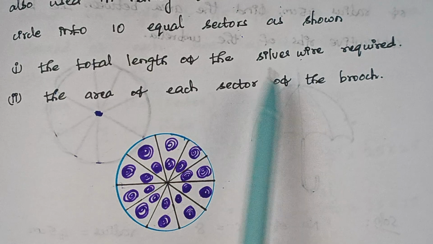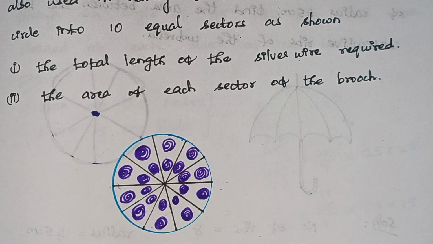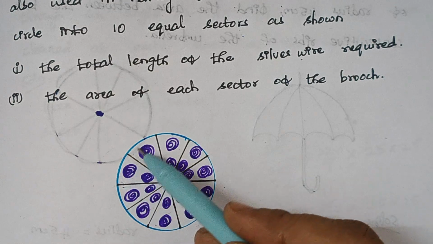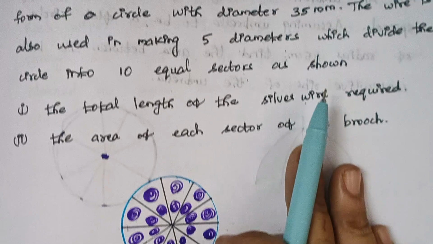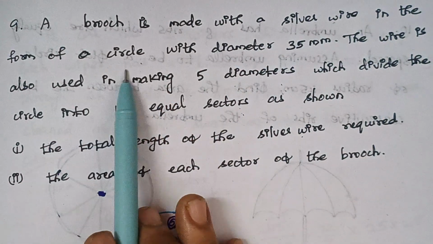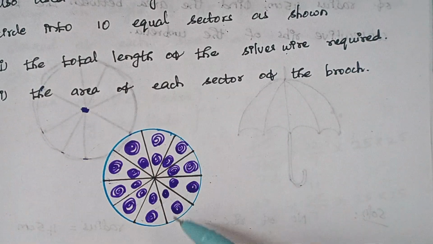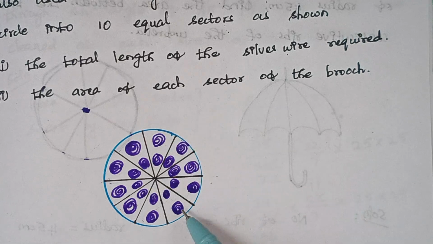Here we have to find the total length of the silver wire required. Can you tell me what are all the places where we used silver wire? A brooch is made with the silver wire in the form of a circle, so this entire outer part is made of silver.